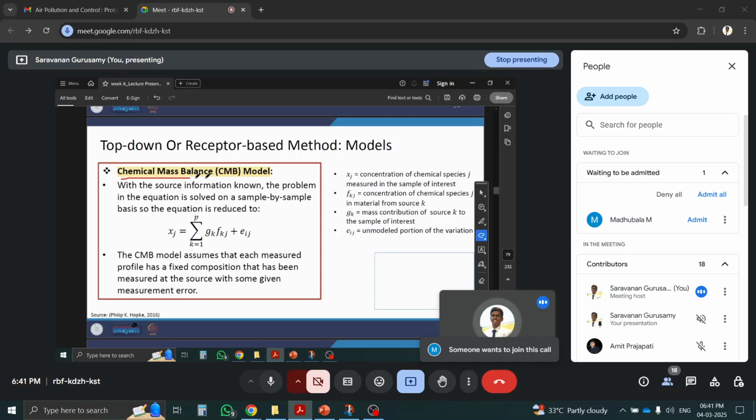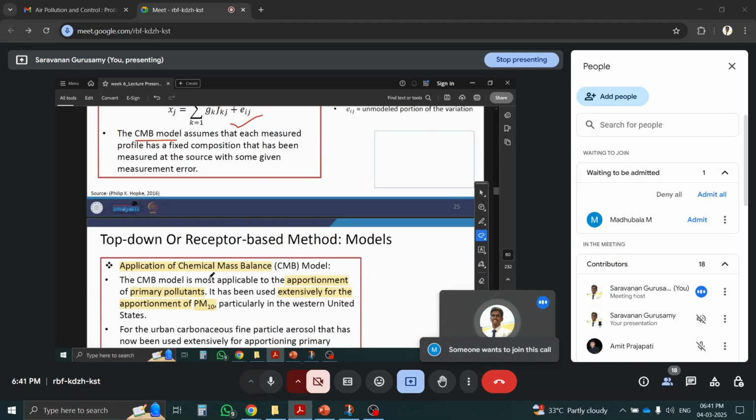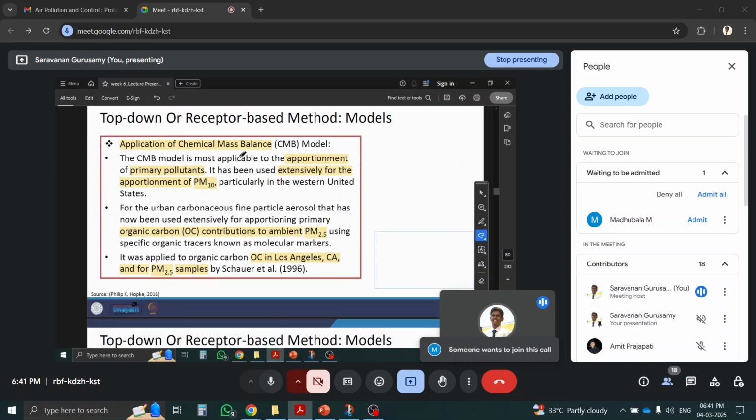So chemical mass balance is the CMB model, a method that uses this equation to find the source. That is called the CMB model, chemical mass balance model, that is used in the receptor based modeling methods. So where to apply the CMB? For the apportionment of primary pollutant, extensively used for the PM10 concentration and organic carbon contribution in the ambient PM2.5.